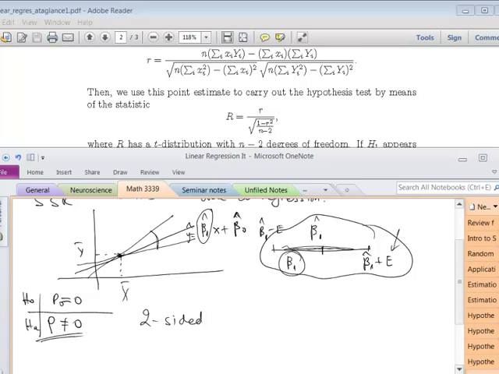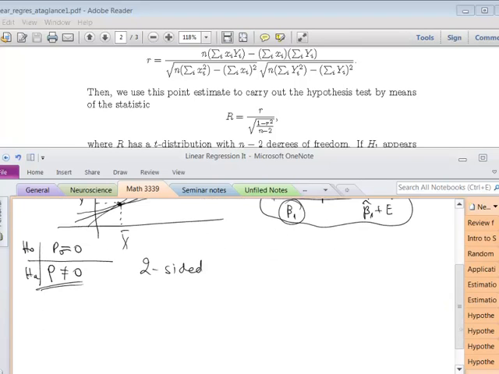Otherwise, it doesn't make any sense to proceed with the linear regression in the case that you don't have any correlation, in the case that the null hypothesis is true.